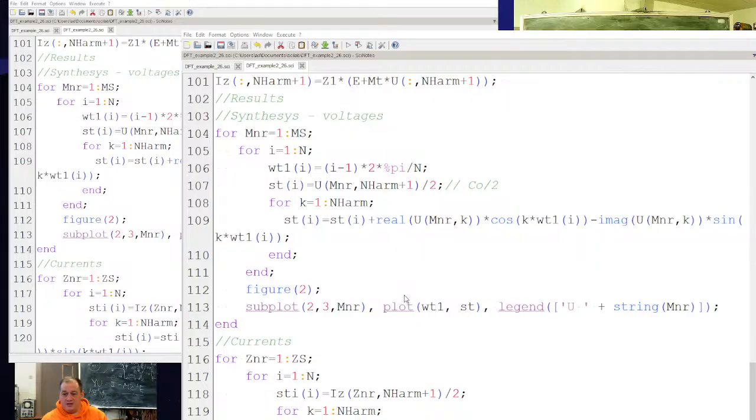Anyway, it's a number 2. Here are my voltages. Here are my voltages in theory.